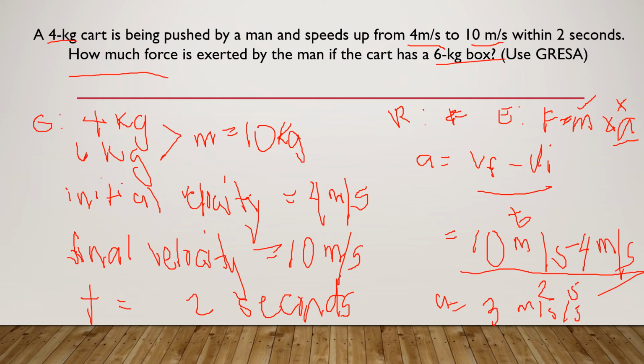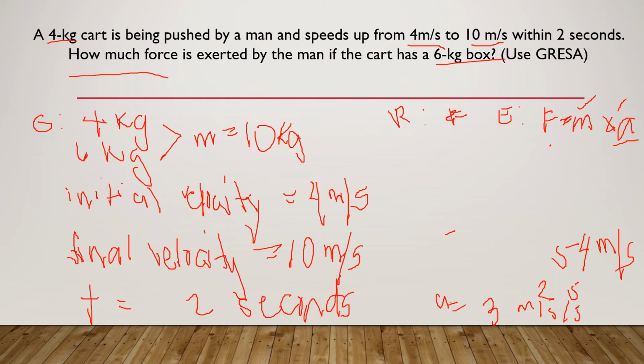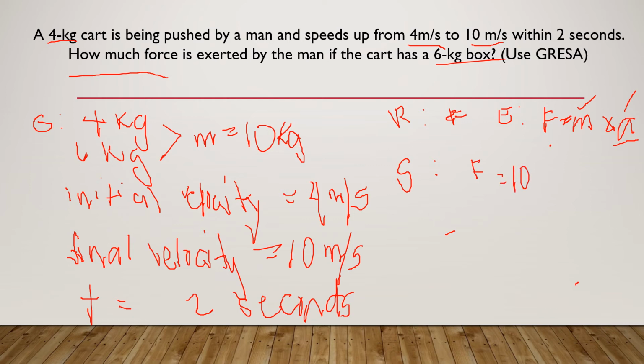So going back to our problem, we already have the value of acceleration, which is 3 meters per second squared. So you can already solve for the value of force. So let us have our solution. Force is equal to the mass, which is 10 kilograms, multiplied by the acceleration, which is, a while ago, 3 meters per second squared.